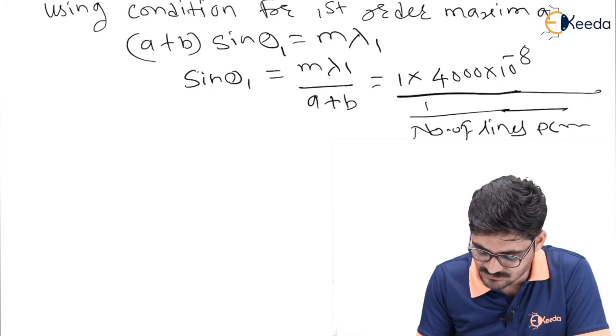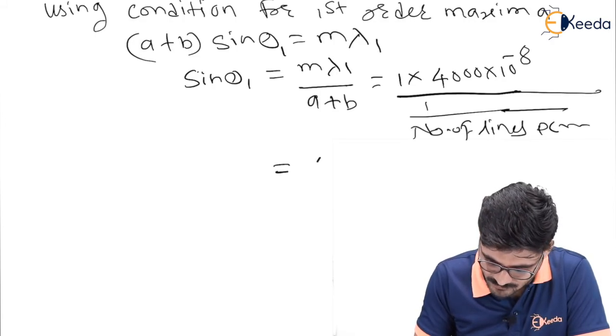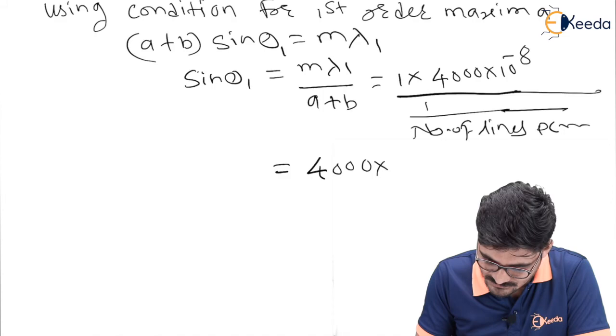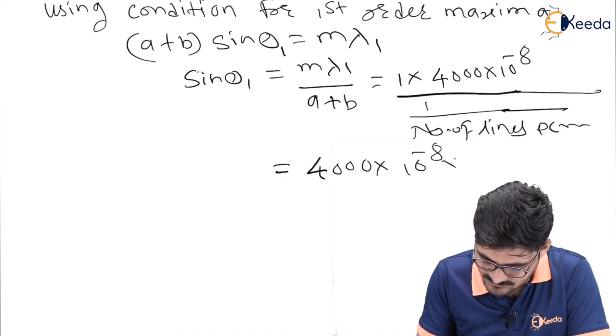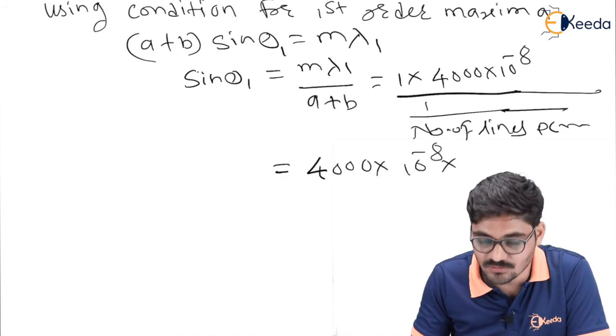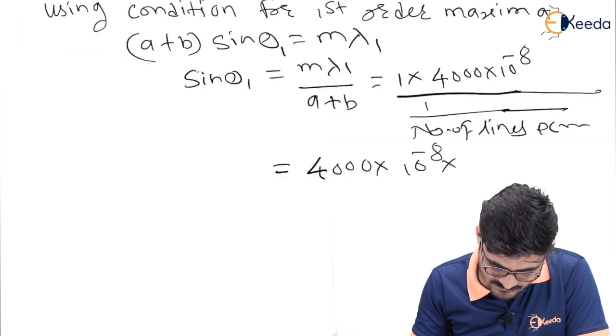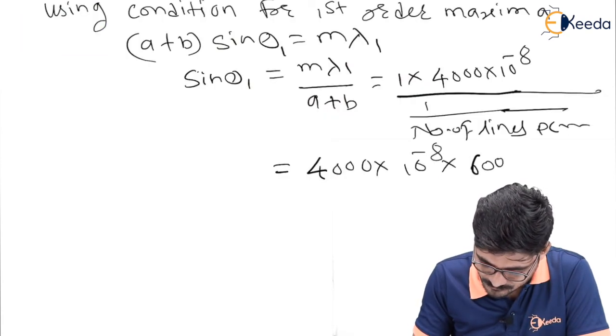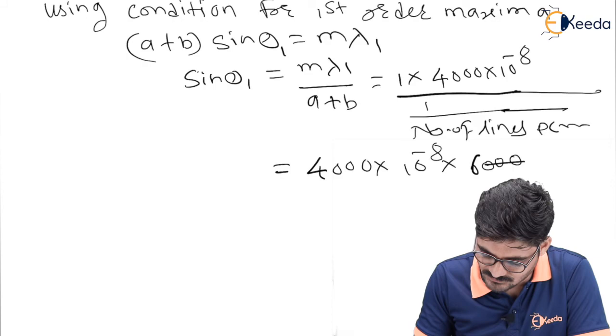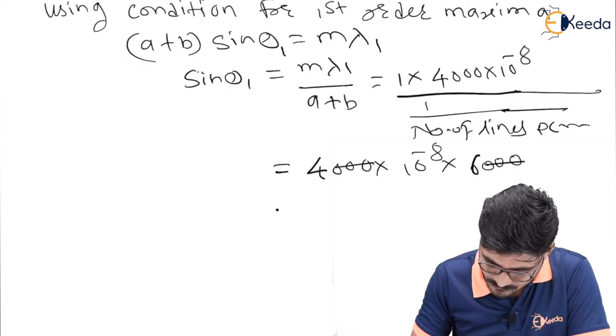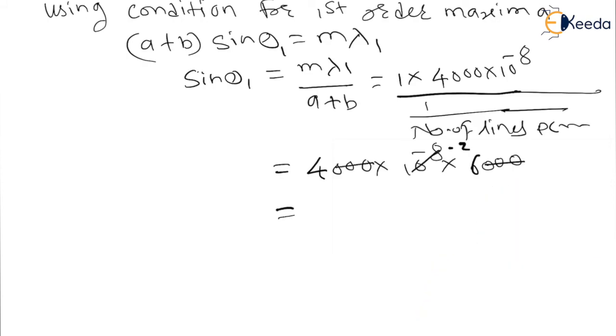Obviously this number of lines per centimeter will go up, and you will have 4000 into 10 raised to minus 8 into 6000, the number of lines given. Then just do the calculation. Doing the calculations, 24 into 10 raised to minus 2 is your sine of theta 1.